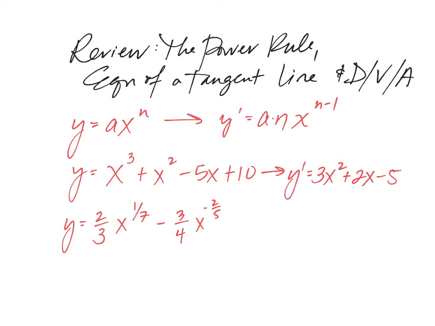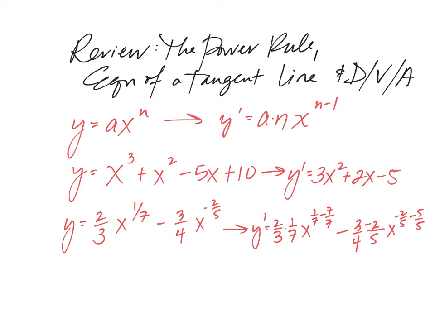When I take the derivative, the process is exactly the same, right? So I bring the power down. I go to 1 less power, which you'll remember my trick is always to subtract 1 with a common denominator. So instead of subtracting 1, I subtract 7/7 if I have a denominator of 7. And for the second one, I'm going to bring the power down and go to 1 less power.